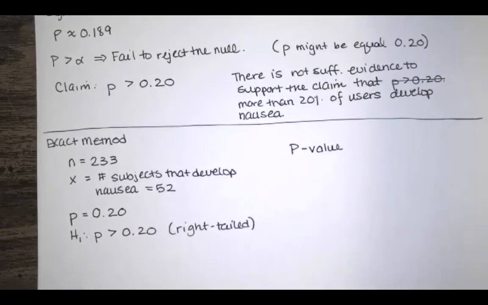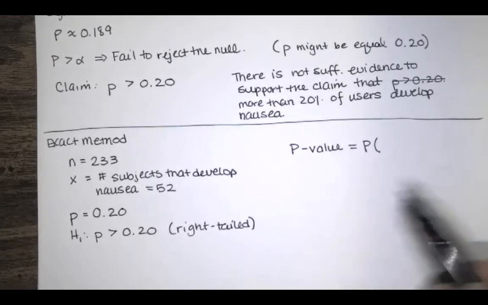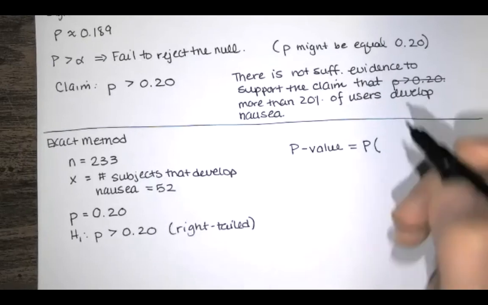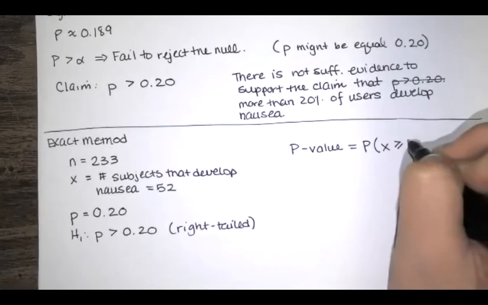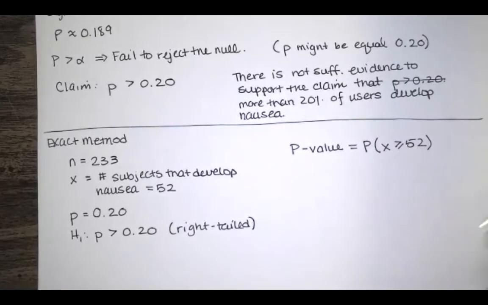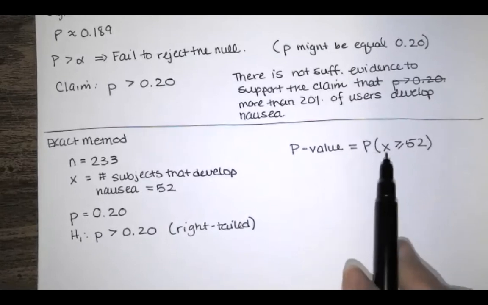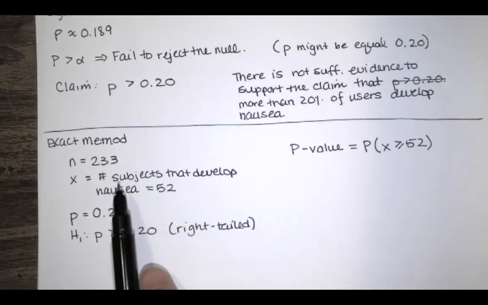Now, if we have a right-tailed test, the P value is the probability that the number of successes is equal to X or greater than X. So we want to know, what is the probability of getting 52 subjects that develop nausea out of the 233 or more, given that the probability of success in one trial is this assumed probability of 0.20?